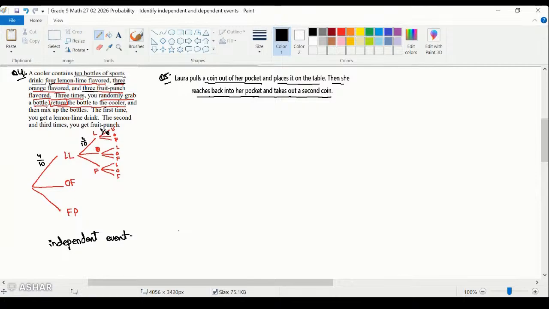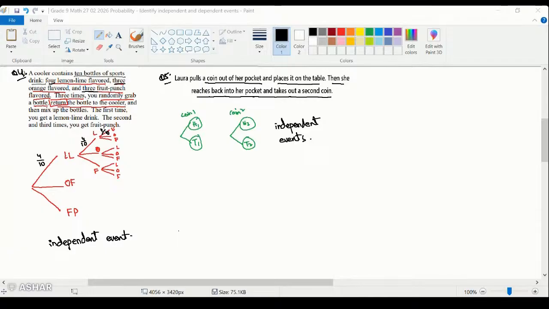We can say we have coin 1 and we have coin 2. Coin 1 has head 1, tail 1, and coin 2 will have head 2 and tail 2. That means they all are different outcomes, right? So we can say they are independent events. That means the result of one event will not affect the other event. Agreed?